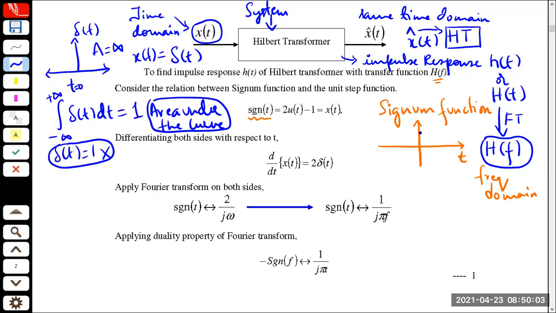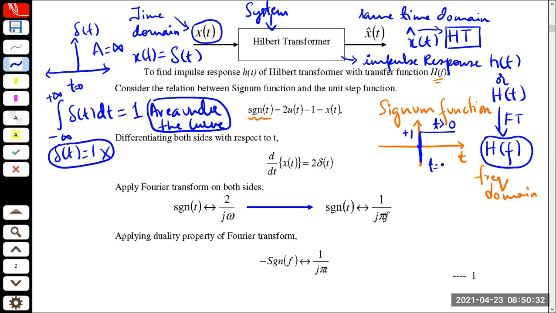This signum function has amplitude value equal to +1 for t greater than 0. Whereas at time equal to 0, you can see that this vertical line indicates its amplitude is straight away equal to 0 at t equal to 0.